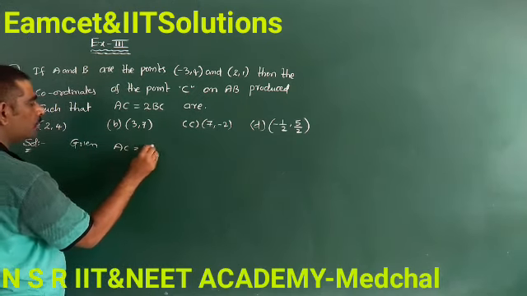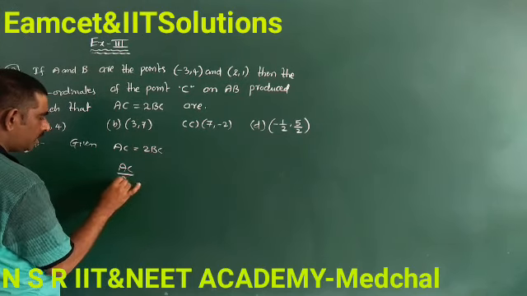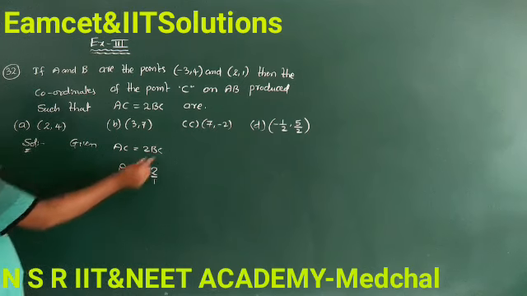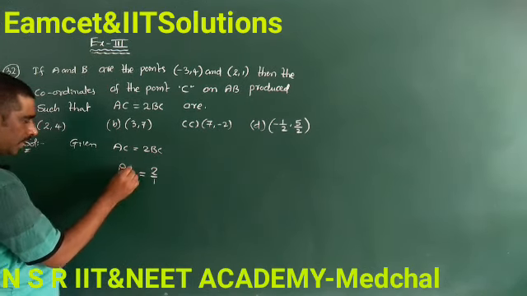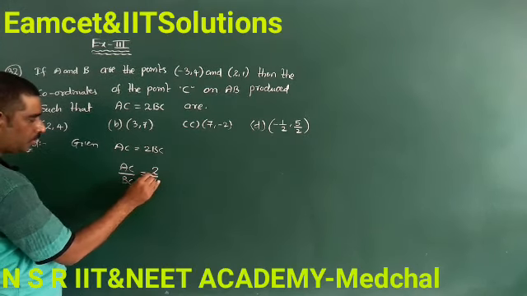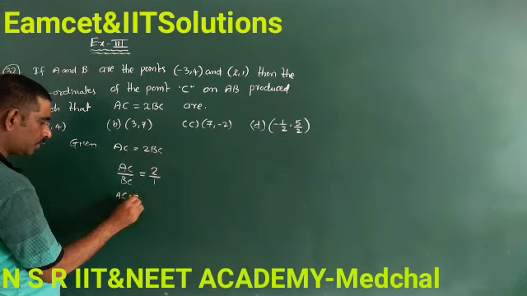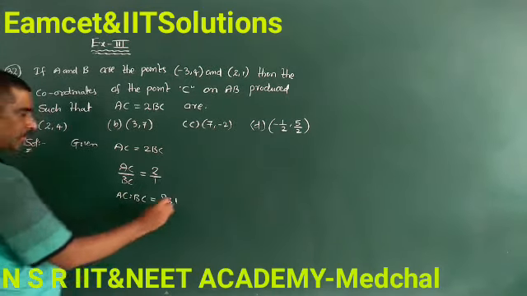AC equal to 2BC means AC by BC is equal to 2 by 1, so AC is to BC in the ratio 2:1.